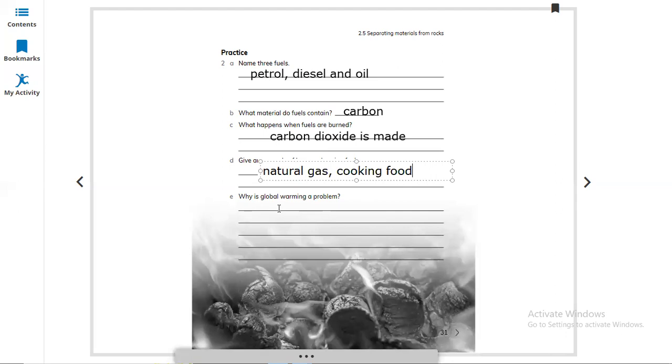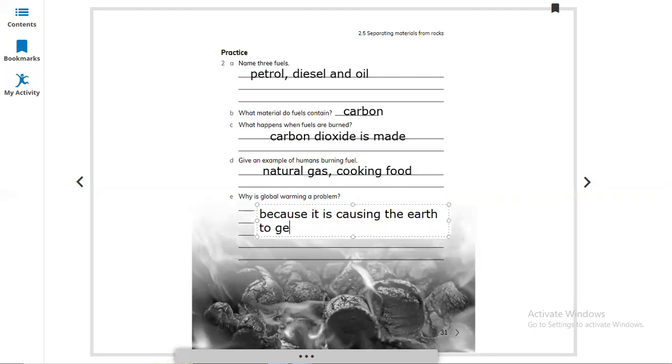So we can write here, it is because it is causing the earth to get warmer.